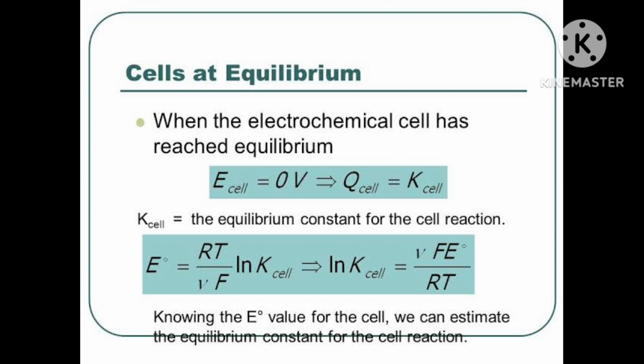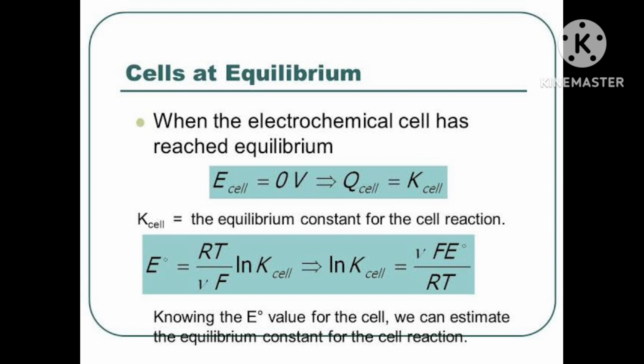This is actually the relation between Kc, that is chemical equilibrium, and Ecell. This relation is very, very important, because the Ecell value will be given to you in the examination. All values will be given.